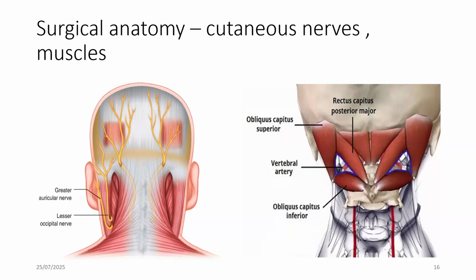Also, some muscles are exposed during this approach, though the approach does not violate the suboccipital triangle that we can see in this image. However, it exposes the superior part of the obliquus capitis superior, and superficial to this is the occipital artery as it exits the occipital groove.